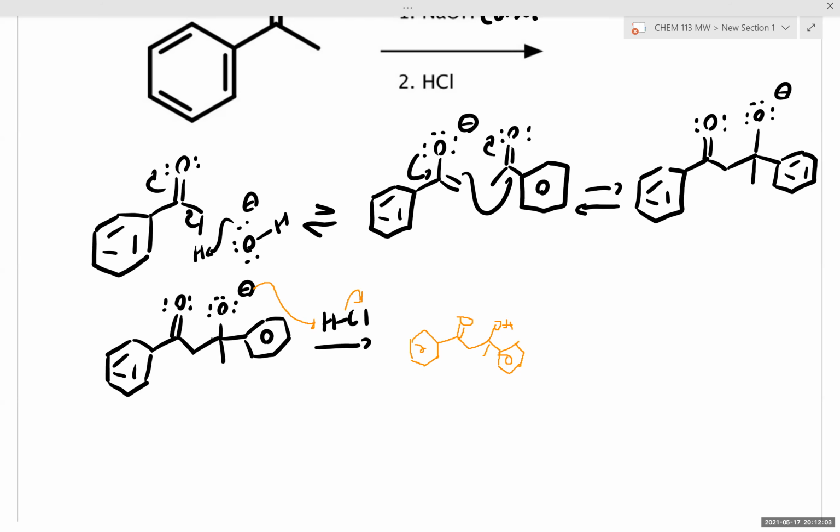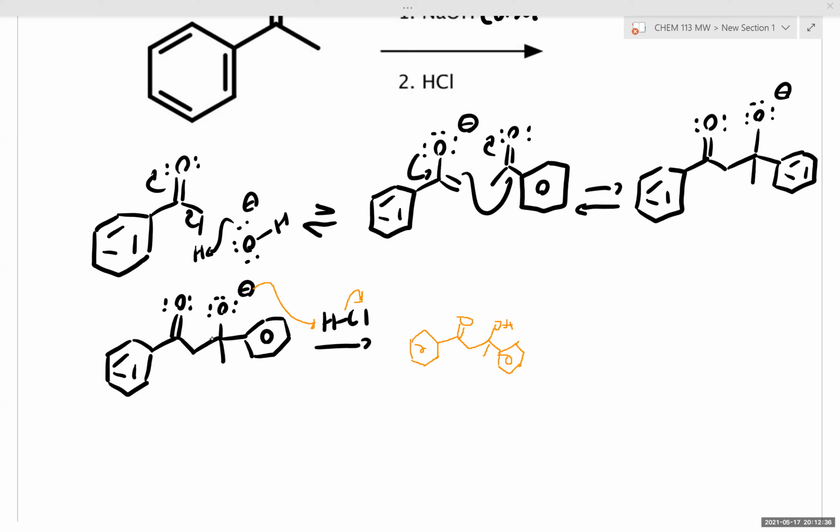So how would we complete this dehydration reaction? How can we activate this hydroxy group as a leaving group? Yep, we'll protonate our alcohol to activate it as a leaving group.